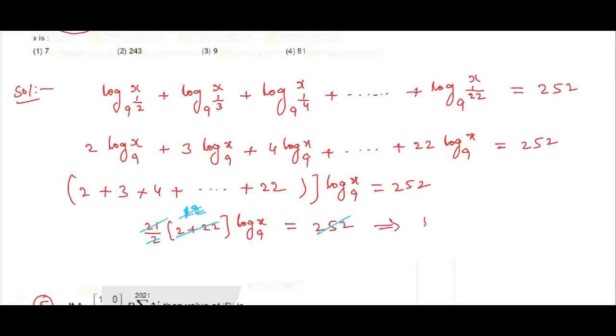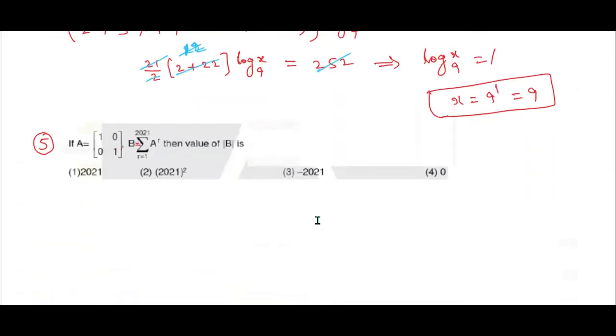Overall here, log x to the base 9 is equal to 1. Then what is x? 9 power 1, that is equal to 9. By using the logarithmic definition, which option correct? Third option correct. Right. So I'm going to another problem.